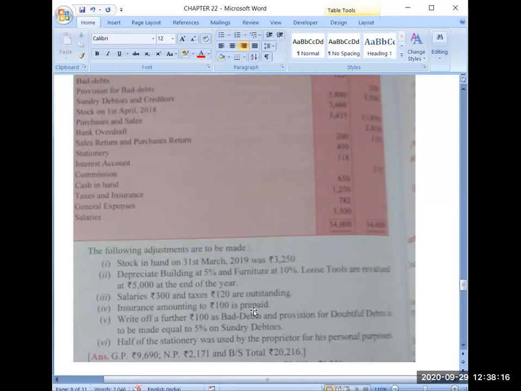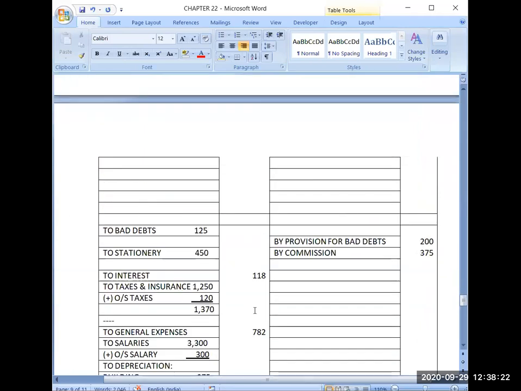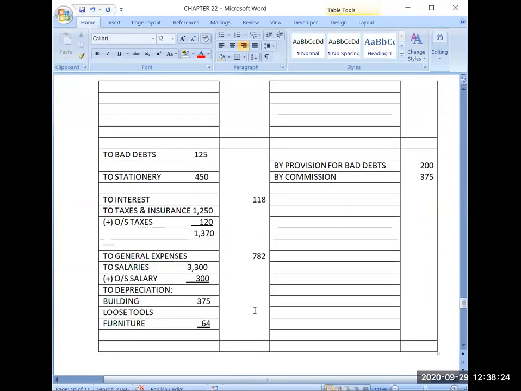So the journal entry will be prepaid insurance account debit to taxes and insurance account. Now taxes and insurance account has been credited. Yes, very good. So that's why taxes and insurance account will be reduced. So I will reduce here.